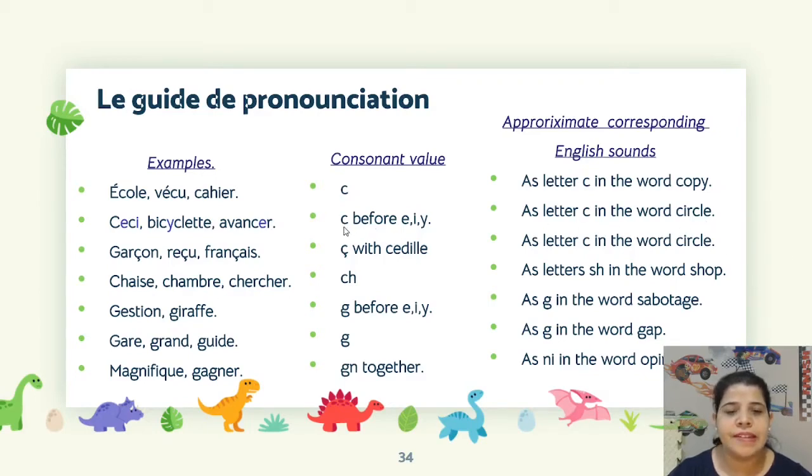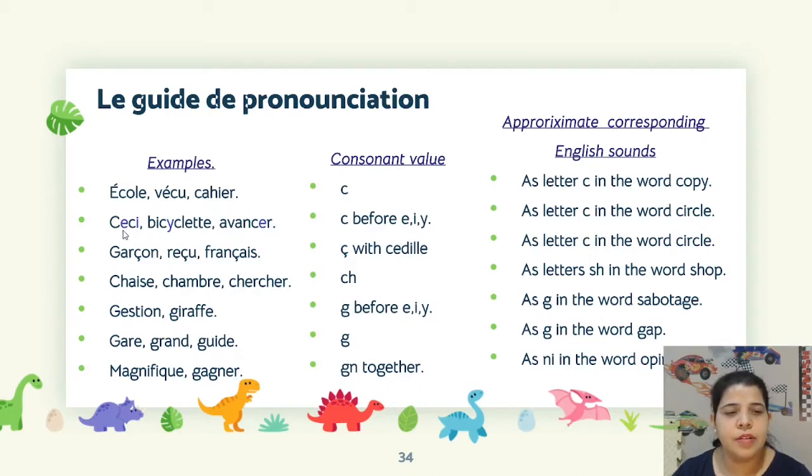Remember, here it was K, or here it is S, because the letter C is followed by any of these three letters, then the sound for C becomes S.